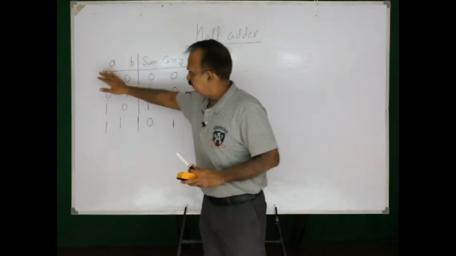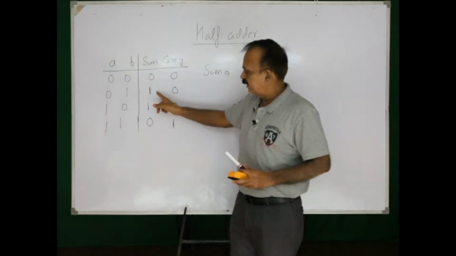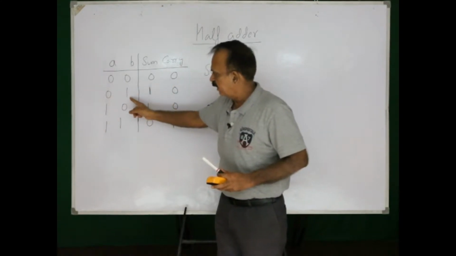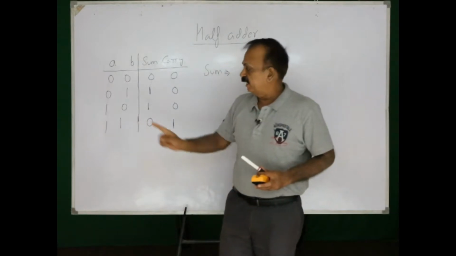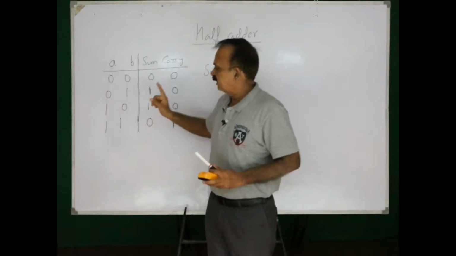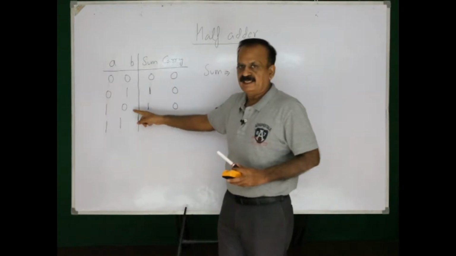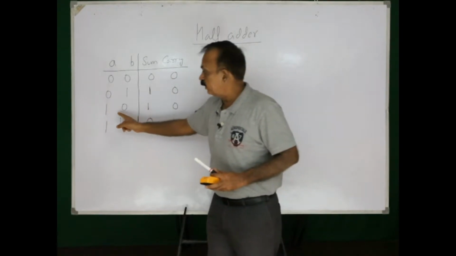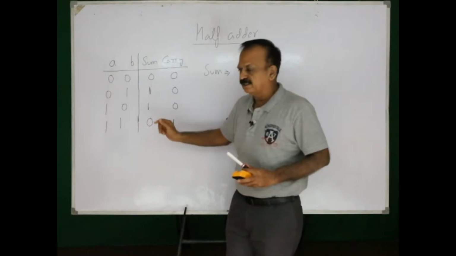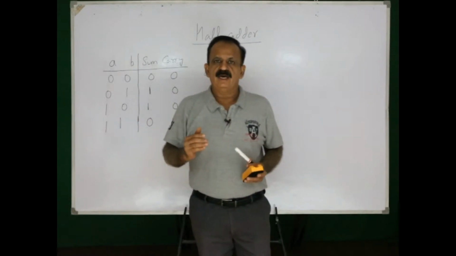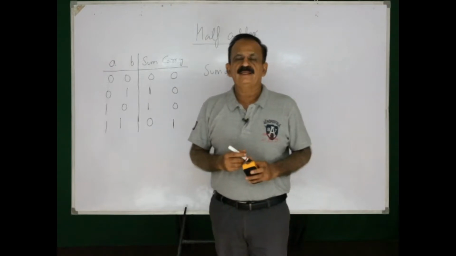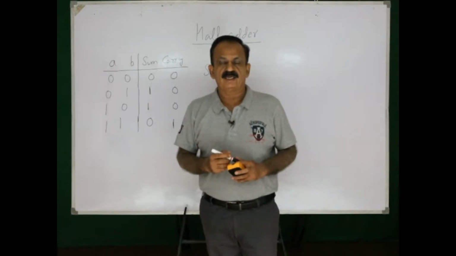What I observe is the output value is high when the number of high inputs is odd. Here one input is high, that is an odd number, and the output is high. Here again one input is high and the output is high, but when 2 inputs are high, the output is 0. That means the output value is high when the number of high inputs is odd.